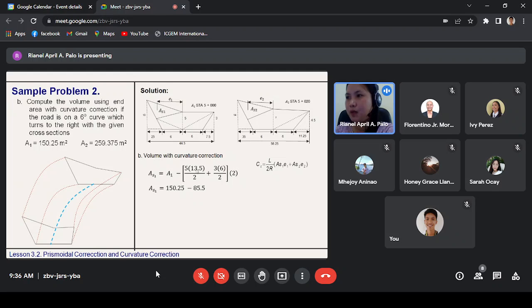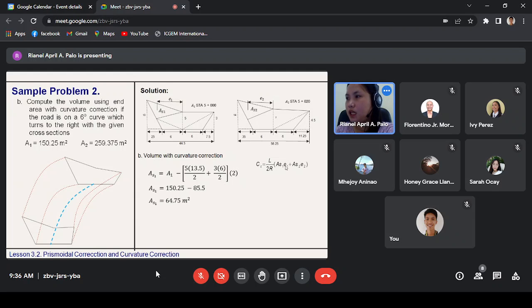Then after we compute this area, we subtract it from the given cross-sectional area for the first station. So our AS1 is 64.75 square meters. Okay?